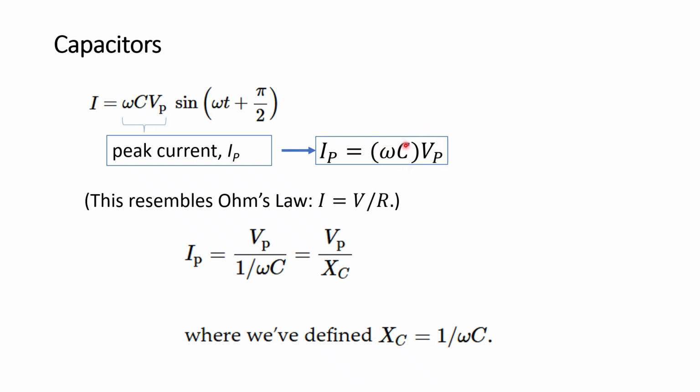So we've got this thing right there in parentheses that is kind of resembling resistance. Now, it's not resistance, but mathematically it kind of resembles it. Well, let's investigate that. So we have peak current is peak voltage over 1 over omega C, and we're going to call that X sub C. We're going to define X sub C as 1 over omega C.